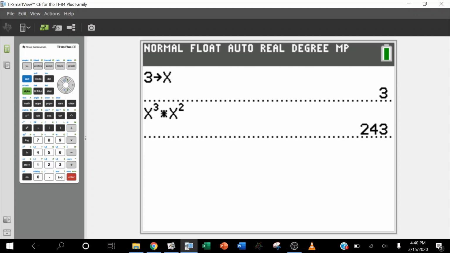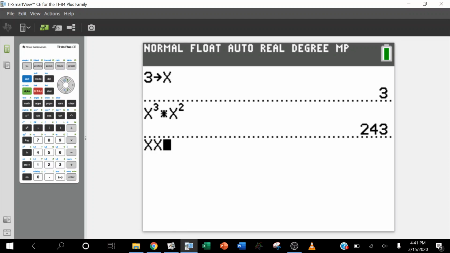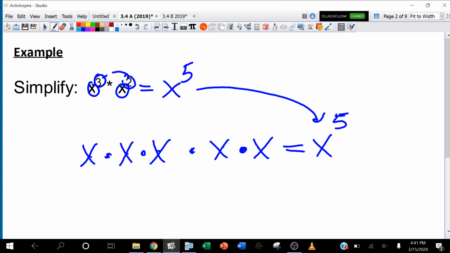Then I want to type in what we said the answer was, which was x to the 5th power, and make sure that those answers match each other. It's not going to do the problem for you, but it's something you can do in your calculator to check to see if your answer is right.